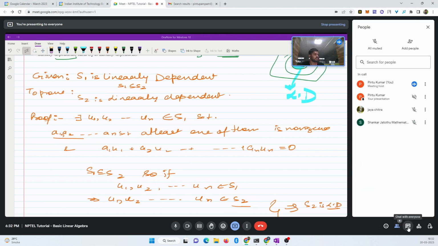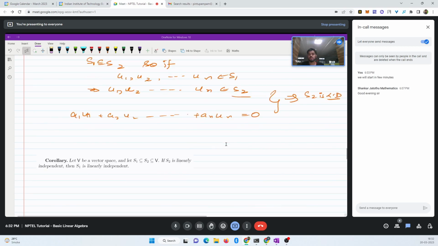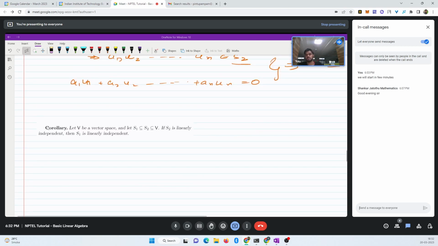So now I go to the next, I would say a corollary, but let's call it also an example. So we need to prove this thing. Okay.